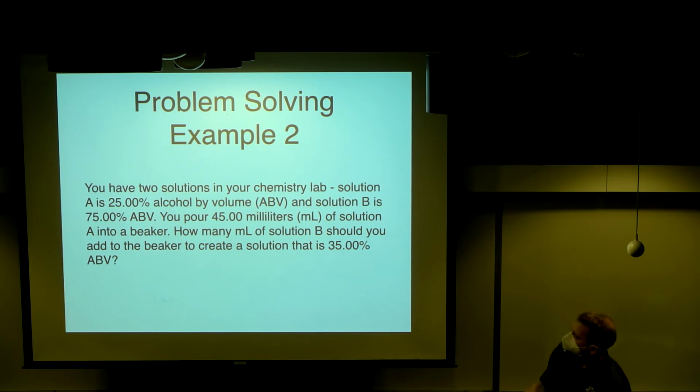Okay, so let's just think about it conceptually, right? We have solution A, which is only 25%. Solution B is a much more potent solution, right? It has more alcohol by volume. So if we add to solution A, we should get a higher percentage. You can see that, right? But the question is, how much would I need to actually get that particular percentage?